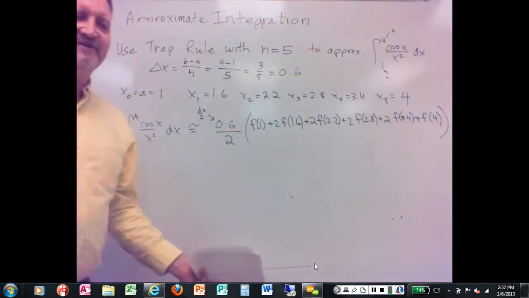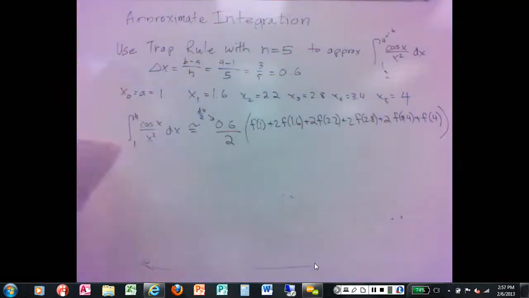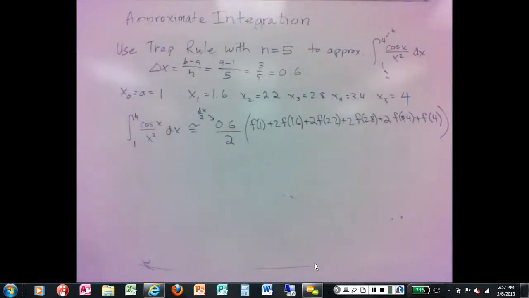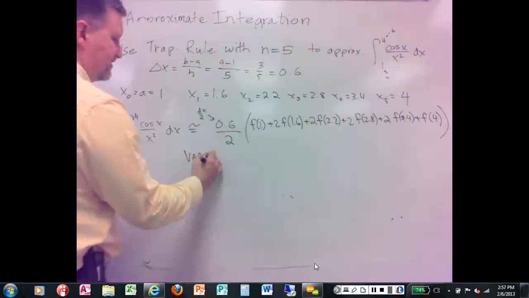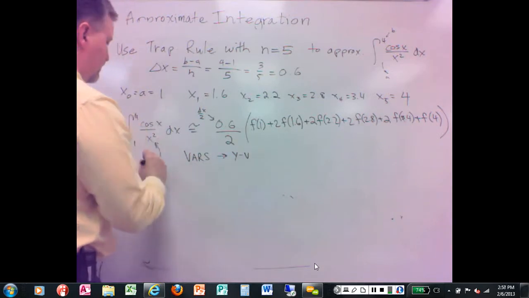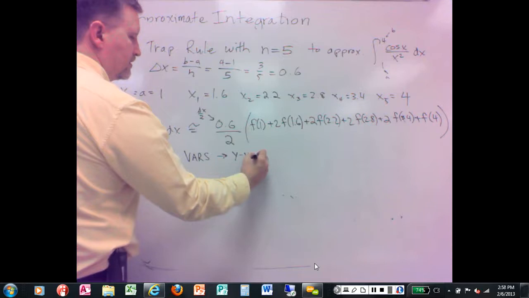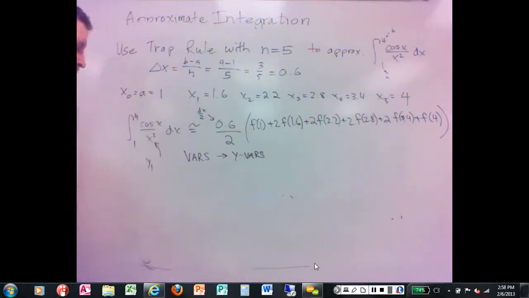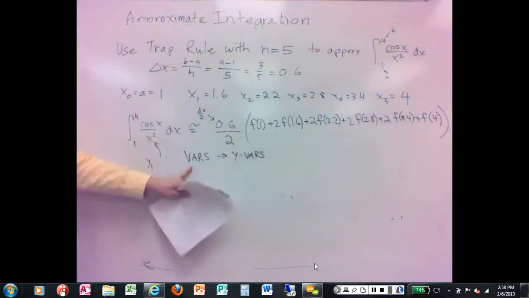but we can use our vars and y vars. Remember that? On your calculators there, the TIs anyway, vars, y vars. Put this in for y1. Then go to your regular home screen there, and then go to vars.